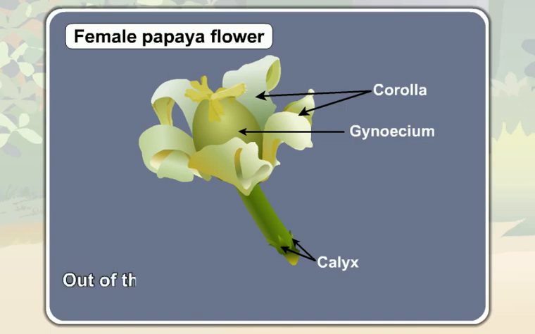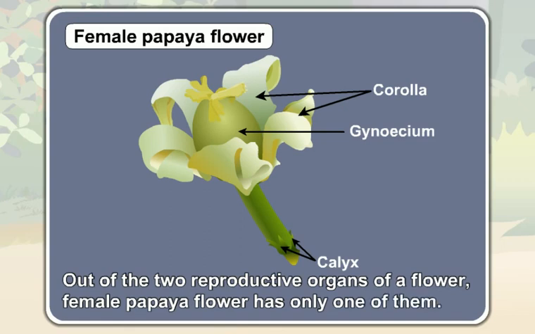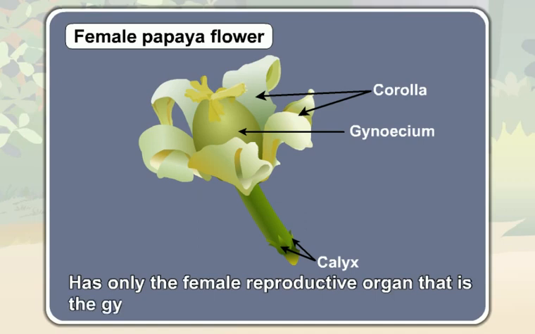Out of the two reproductive organs of a flower, the female papaya flower also has only one of them. It has only the female reproductive organ, that is, the gynoecium.